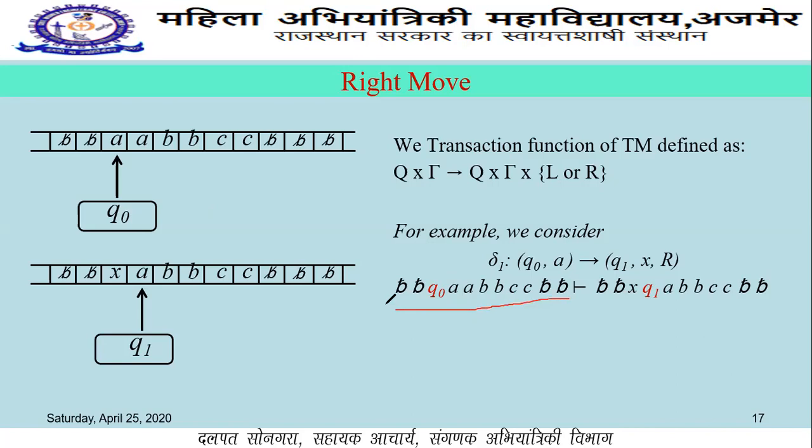This is the alpha, beta, gamma format of this snapshot of Turing machine. Okay, so both are same. So this is our alpha according to this, and this is our beta, the current state, and this is our gamma string, and the leftmost symbol of gamma is under the read write head.